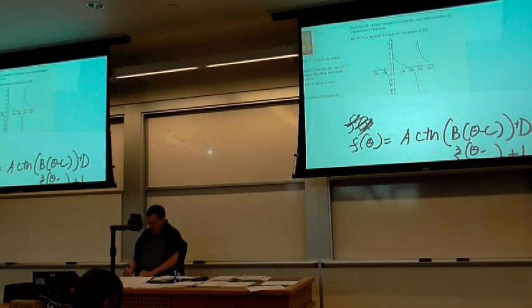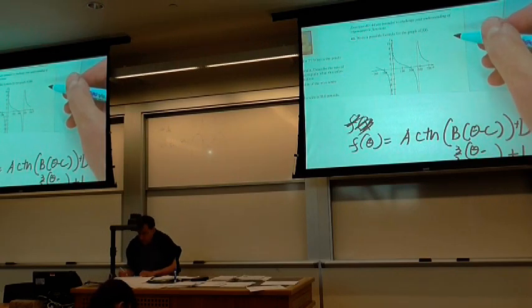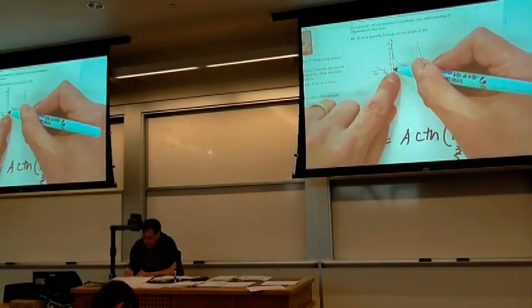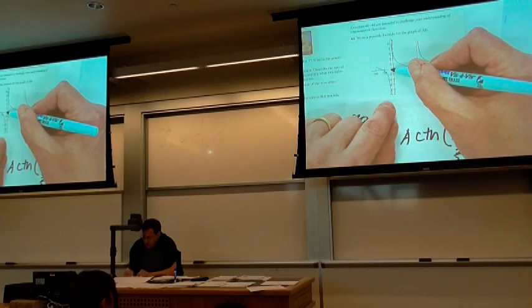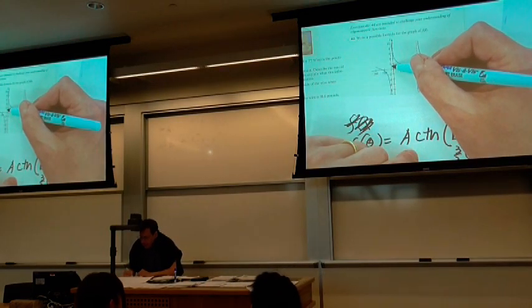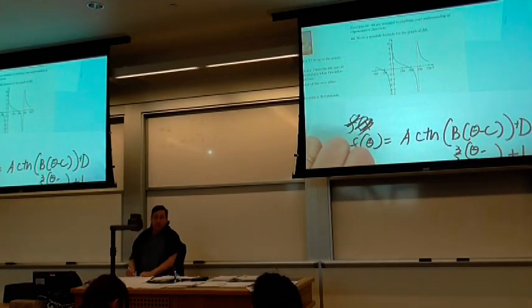Theta minus C. Well, C, that's the offset. Well, they're showing you right here. You can see here's 0, and obviously this cotangent is moved this way. How much is that? Well, that's 180, so that's 90. I don't know, your guess is as good as mine, but I'm going to guess 45 degrees.